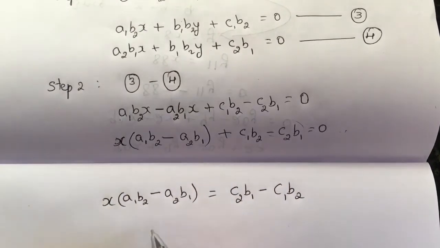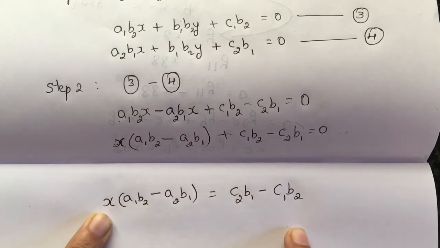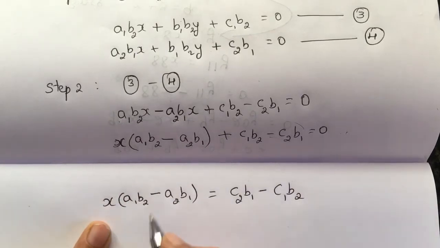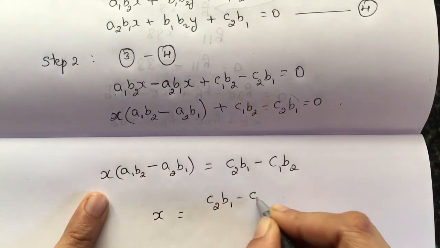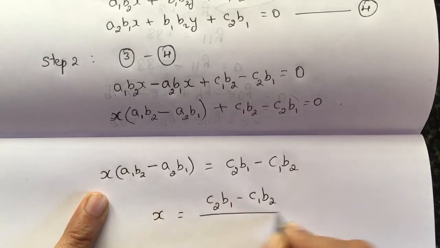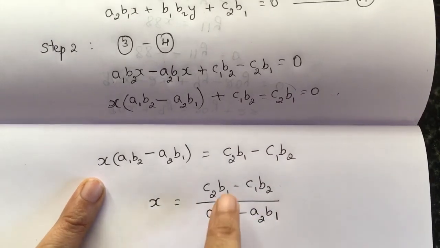Okay, now x, this is multiplied over here. When I take it to the right hand side, it will be in the denominator. So x equal to c2 b1 minus c1 b2 divided by a1 b2 minus a2 b1. Got the point?